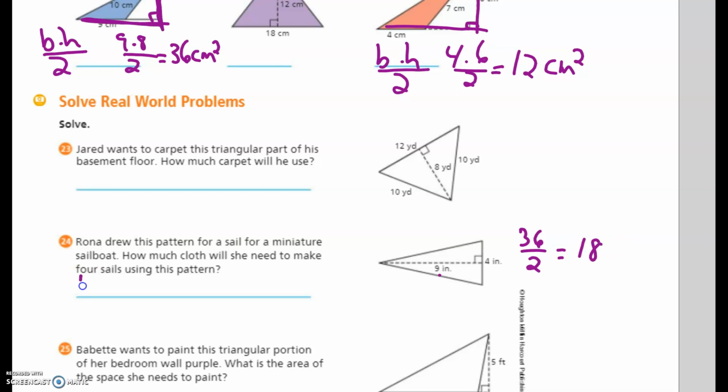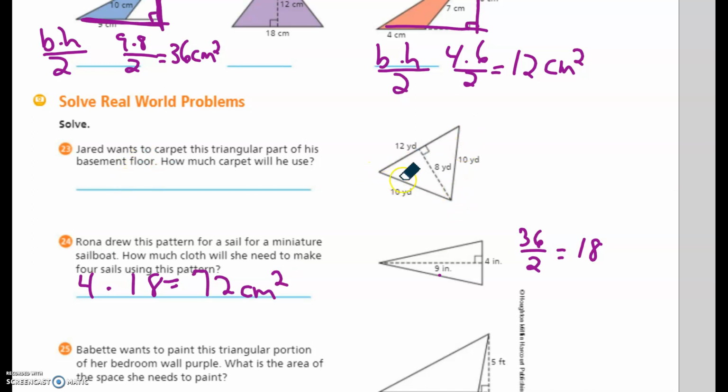And now she has 4 of those. So 4 times 18 is 72 centimeters squared.